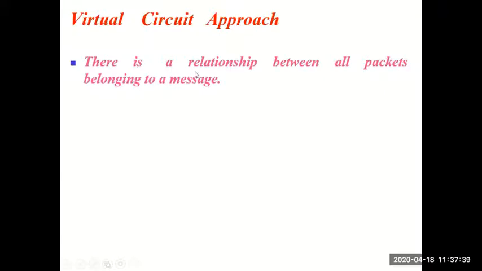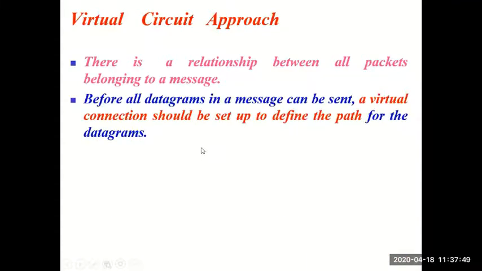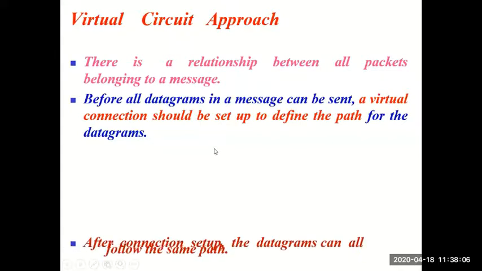Remember, when there are multiple packets belonging to one message, all these packets have some relationship with each other. When we want these packets to maintain that relationship, we want to send them on a single unique path. We don't want every packet to take a different route. We want everything to go through a single route.